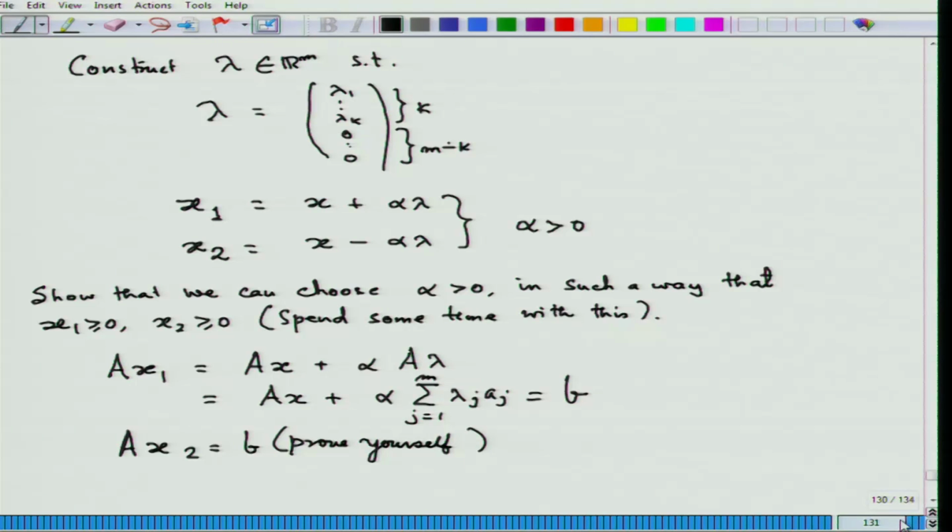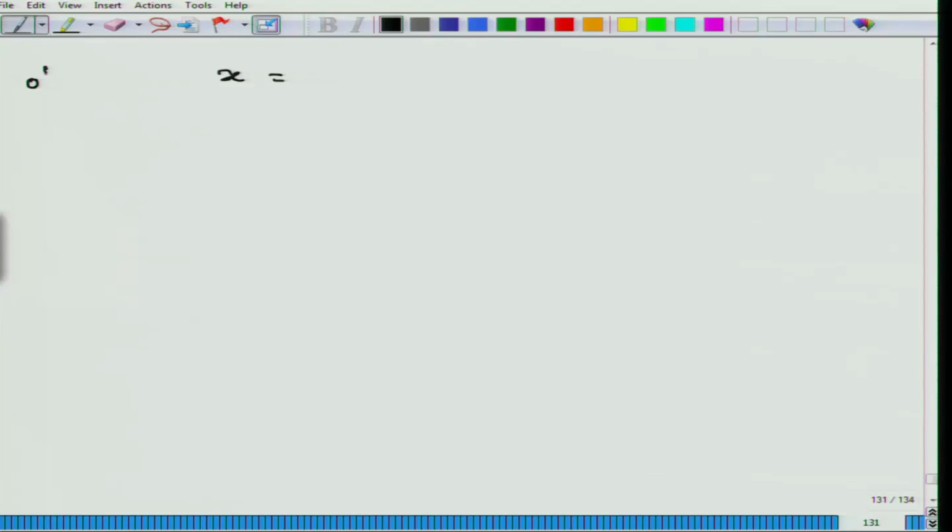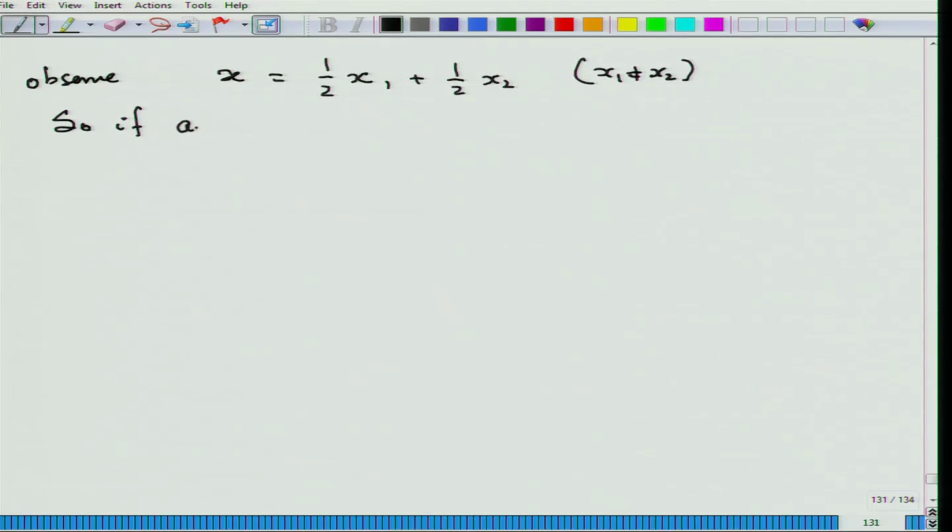Now, once I know this fact, observe that I can write x as half x1 plus half x2, where x1 is not equal to x2. So, if a1, a2, ak are linearly dependent, then x is not an extreme point.